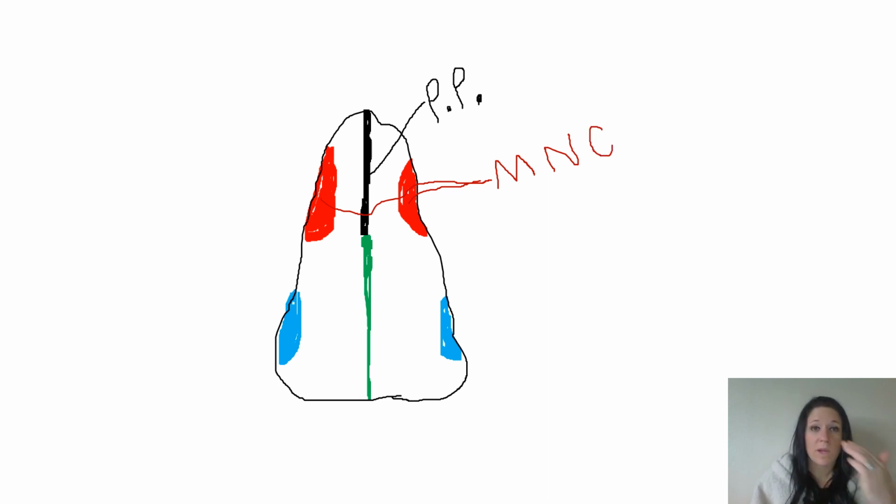When we look at the lower half, we'll look at these right after the ethmoid bone when we move on to the facial bones. The bottom half of that septum is an independent bone called the vomer.